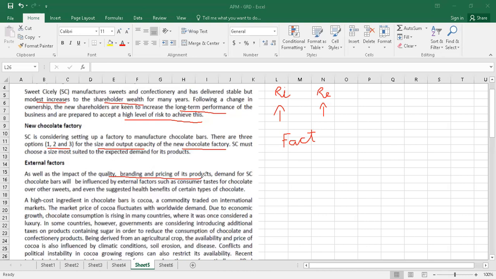The demand for SC chocolate bars will be influenced by external factors such as consumer taste for chocolate over other sweets, and even the suggested health benefits of certain types of chocolate.